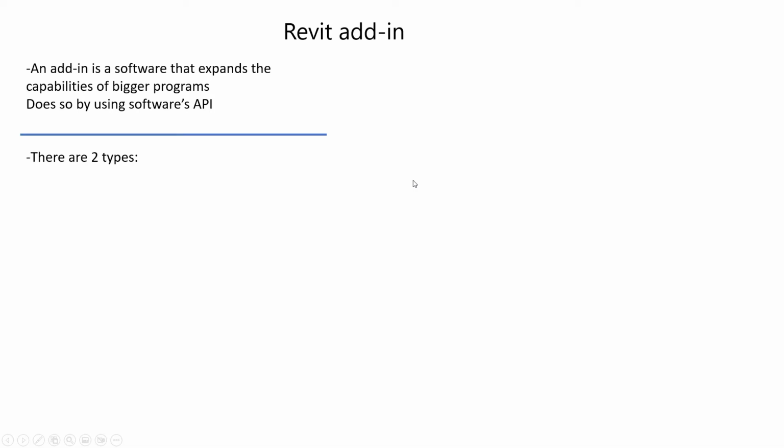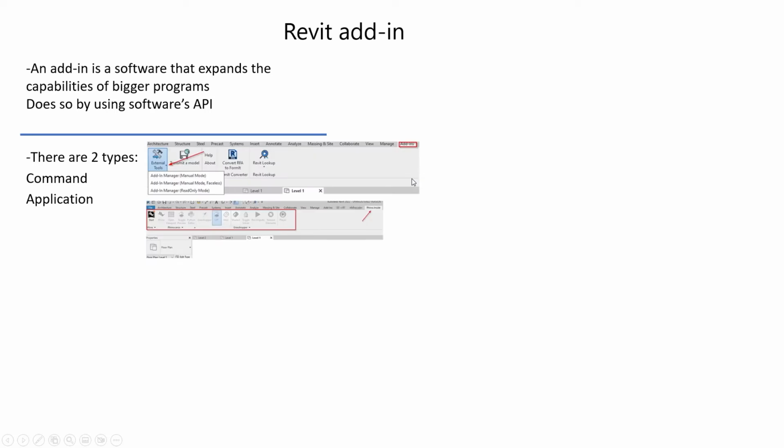And we have two main types of Revit add-ins. The first one is the command type, and the second one is the application type. Let's check out this screenshot. Here we have an example of a command type add-in. An add-in of the command type doesn't create a new tab or new buttons.